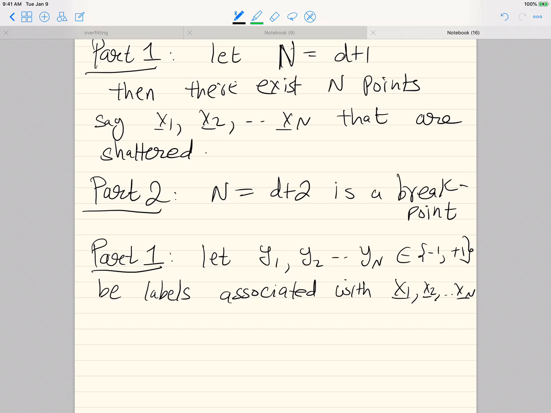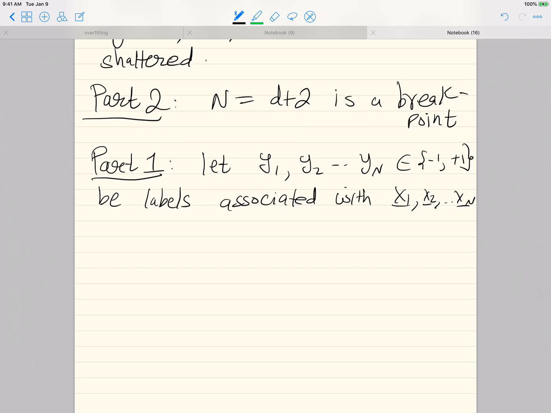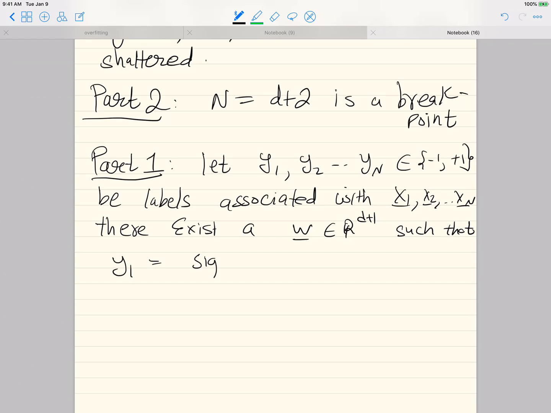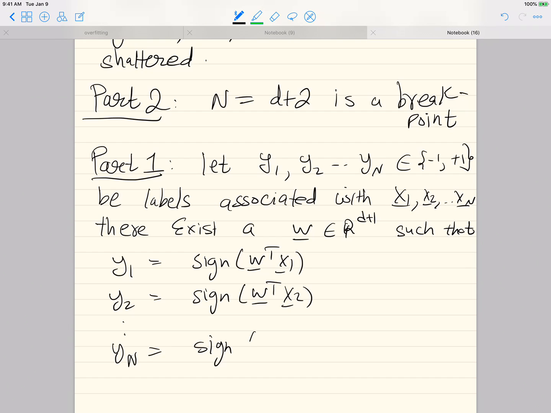We want to show that there exists a weight vector W such that y1 is the sign of W transpose x1, y2 is the sign of W transpose x2, and yn is the sign of W transpose xn.